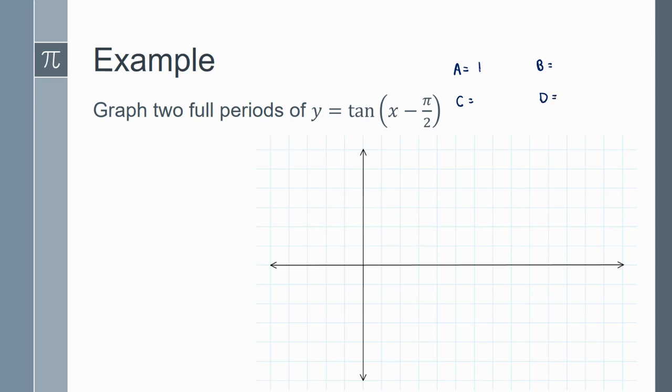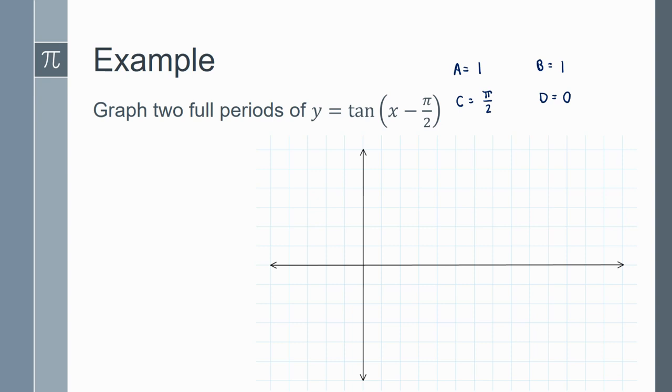So if there's no number in front of the tangent, then your a value is 1. If there's no number in front of the x, then your b is 1. Because I have that negative pi over 2 in parentheses, we change the sign for the c. So it's positive pi over 2. Since nothing is being added or subtracted, our d value is 0.